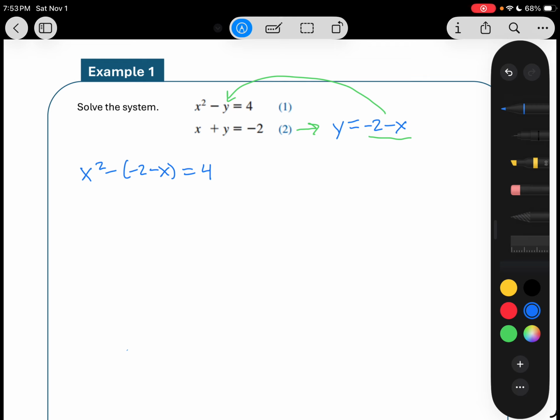And now we just have one equation with one variable, so we can go ahead and solve for x. Let's distribute through the negative. And now I notice that I have a quadratic term and a linear term, so we have to get this equal to 0.